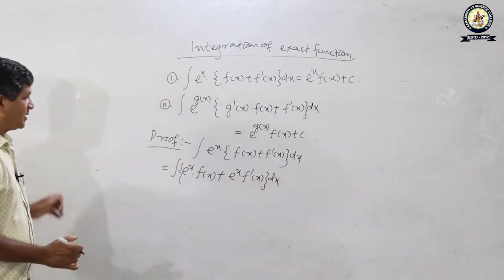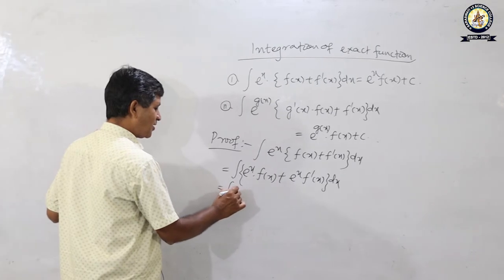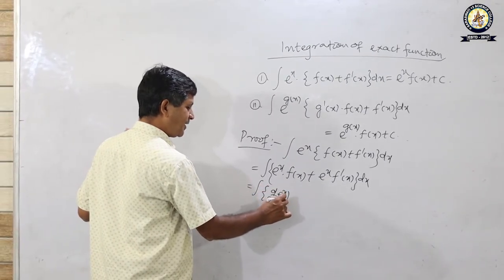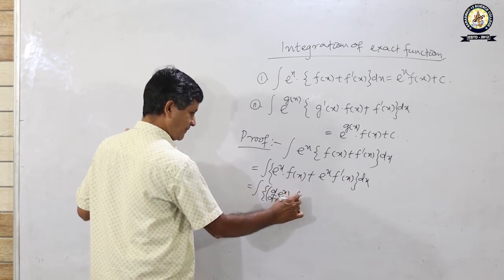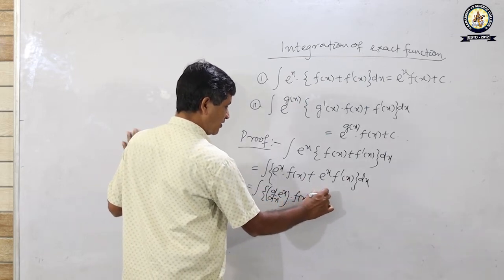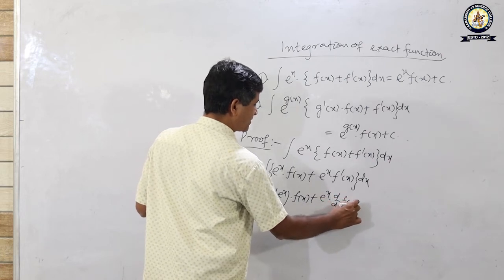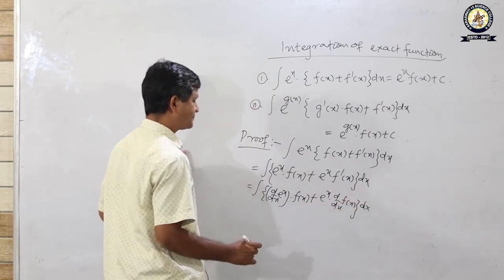Right? Here we write the integration of d by dx of e to the power x, whose derivative is itself, into f of x, plus e to the power x into d by dx of f of x, this into dx.